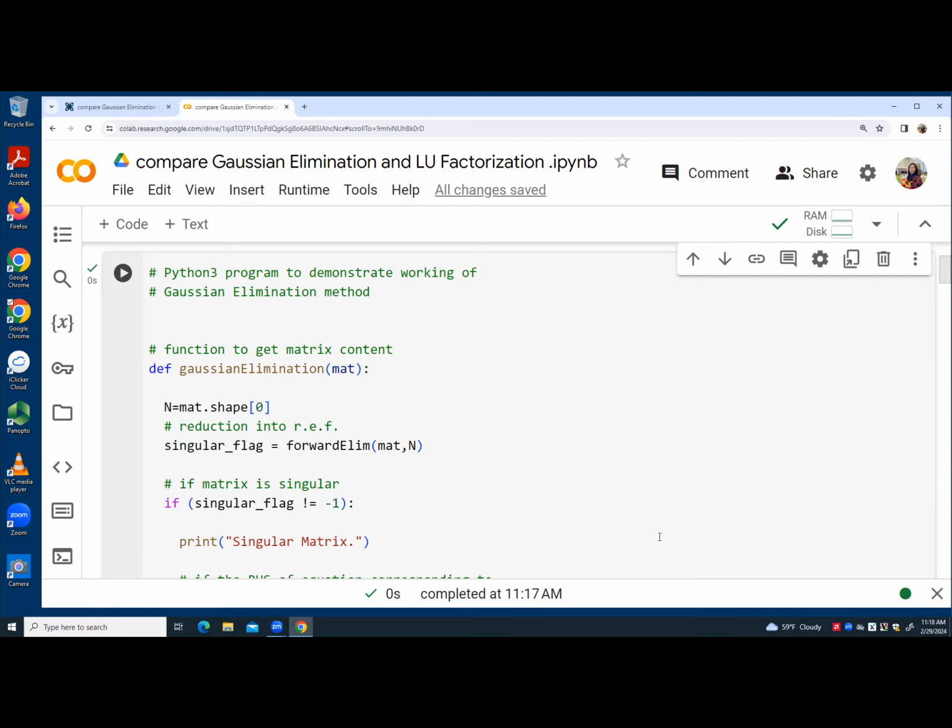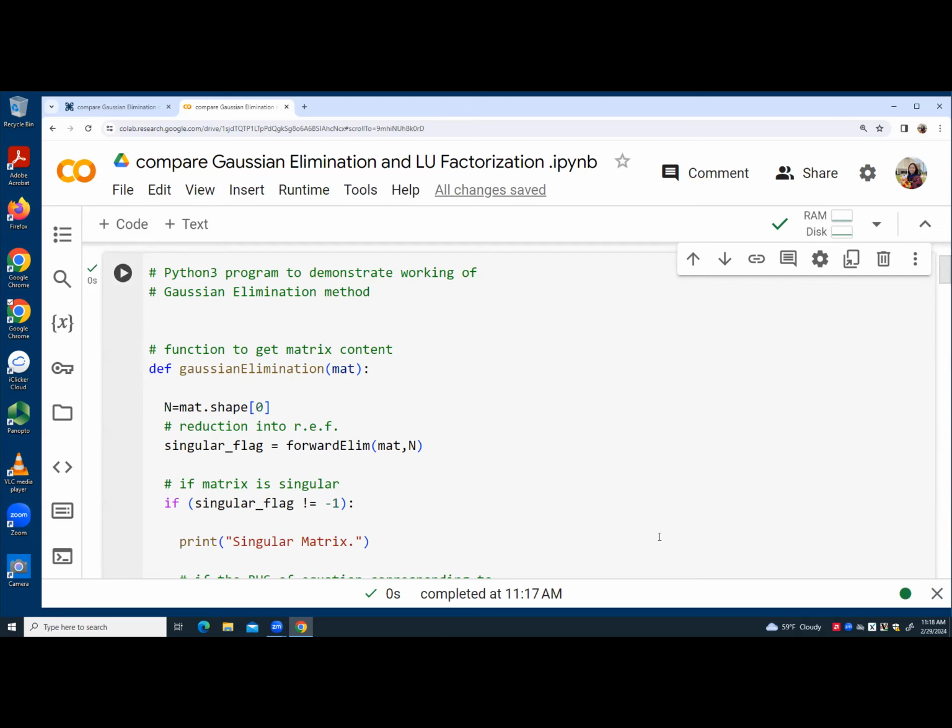So if this is the n by n matrix and this is the n by 1 vector, then the augmented matrix should have n rows and n plus 1 columns. And this is the input for the code.